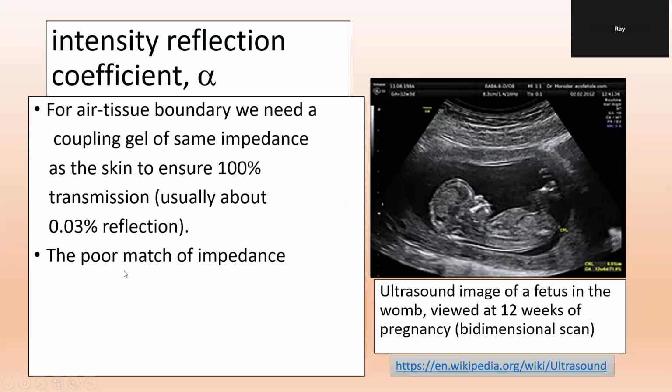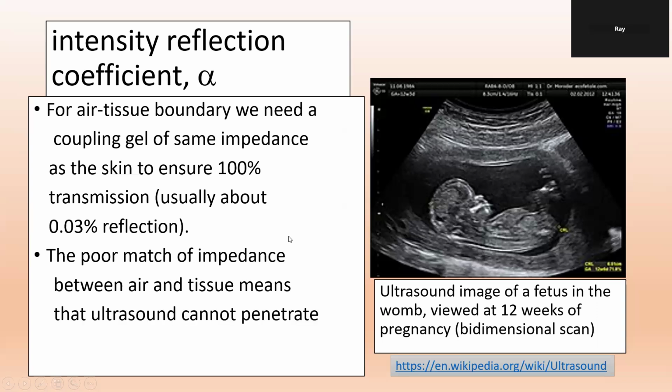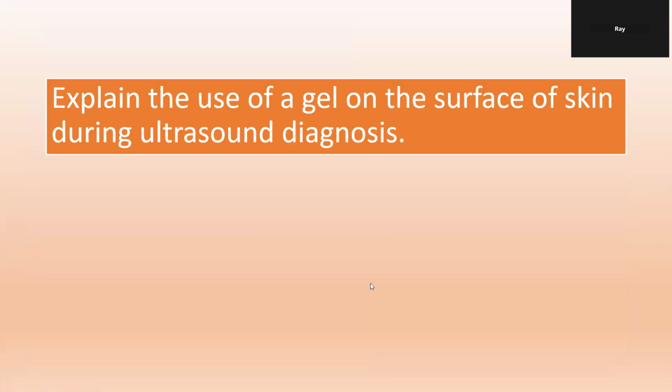Coupling gel. The poor match of impedance between air and tissue means the ultrasound cannot penetrate the lung, right? Lung has air and soft tissue. Right? Memorize this one. Explain the use of gel on the surface of skin during ultrasound diagnosis.